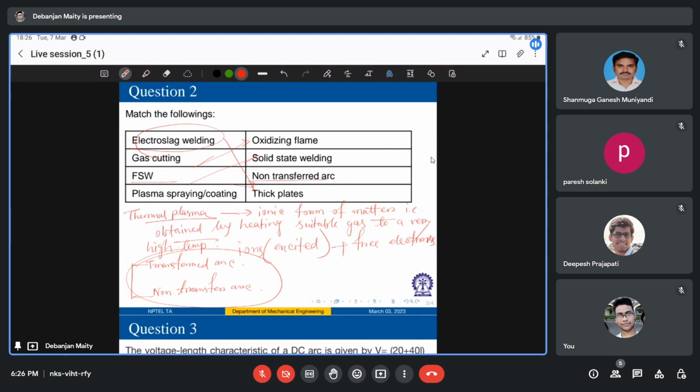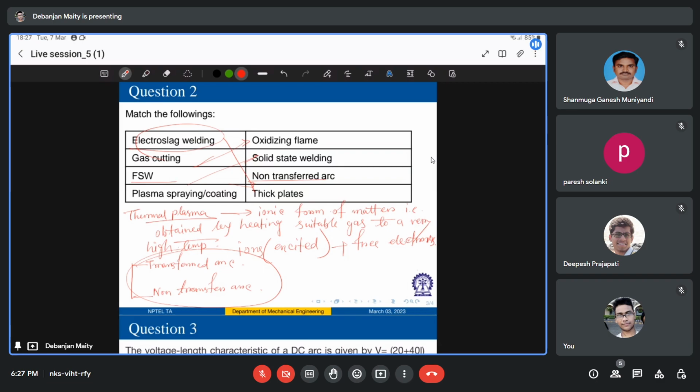If you see, in transferred arc the workpiece is made an integral part of this electrical circuit. Therefore the positive terminal of your DC power source is connected to the workpiece, while the electrode remains connected with the negative terminal.